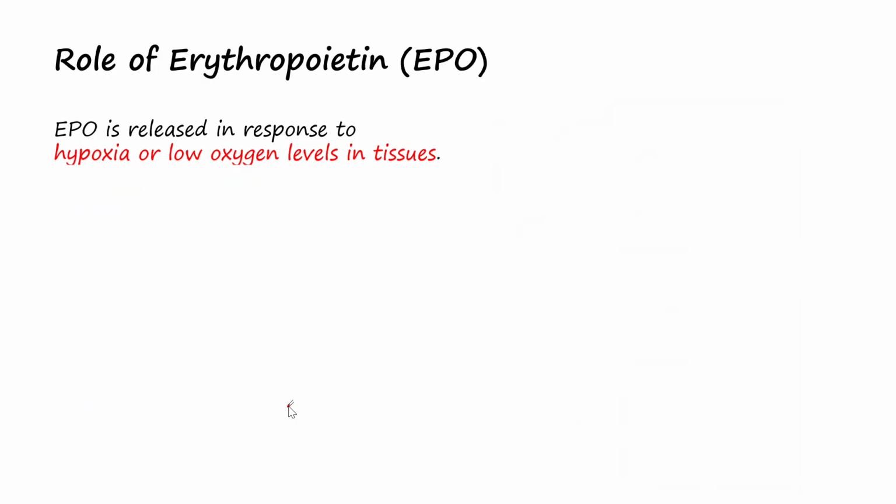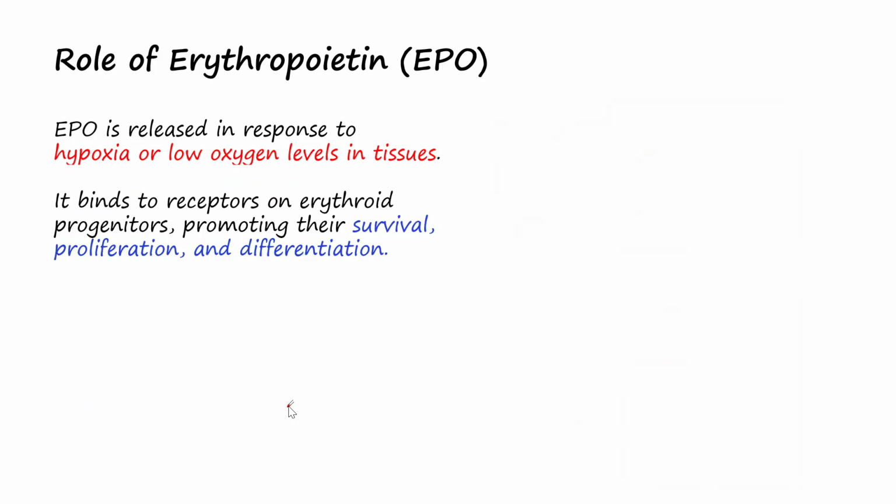Then the next thing is, what is the role of erythropoietin? Erythropoietin, EPO, is released in response to hypoxia, or low oxygen levels in tissues. So whenever there is low oxygen, that is hypoxia, there will be an activation to release erythropoietin. This erythropoietin binds to receptors on erythroid progenitors, thereby promoting their survival, proliferation, and differentiation.